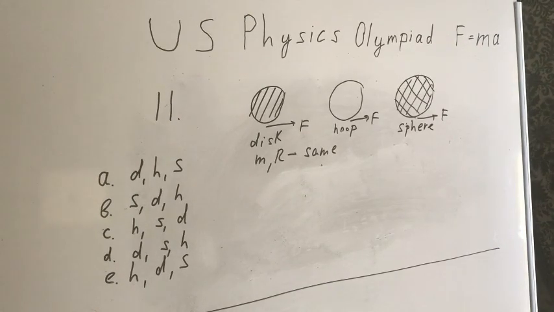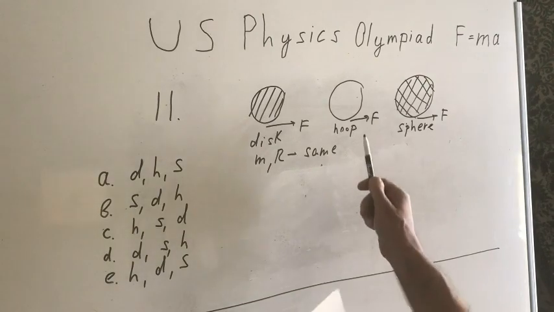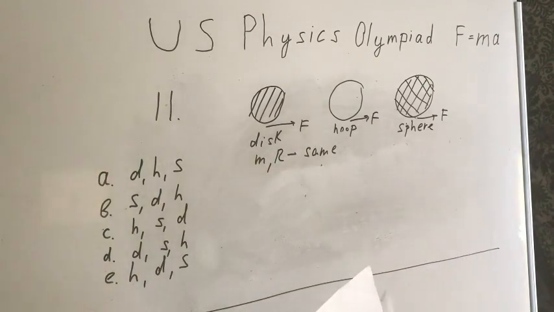Problem number 11. A uniform disk, a thin hoop and a uniform sphere, all with the same mass and the same outer radius, are each free to rotate about a fixed axis through its center.